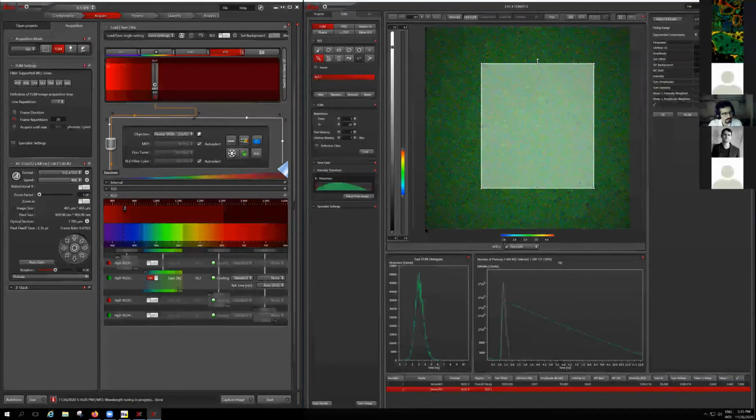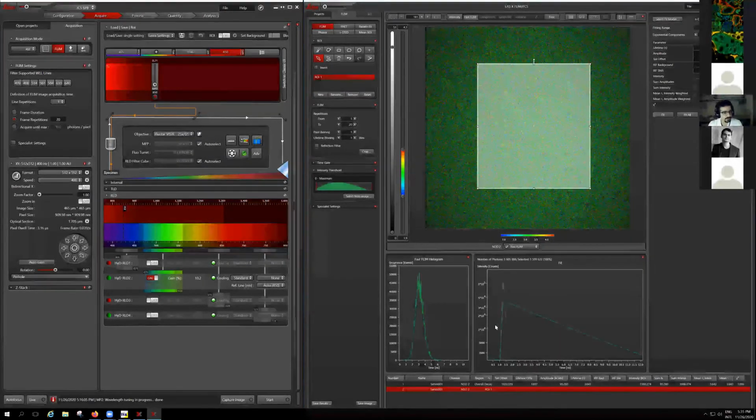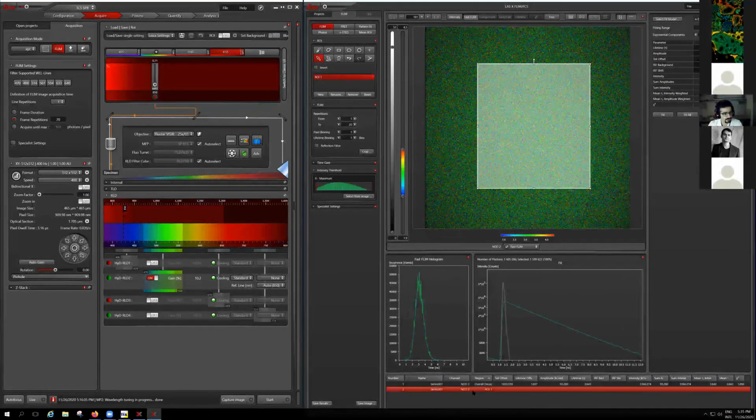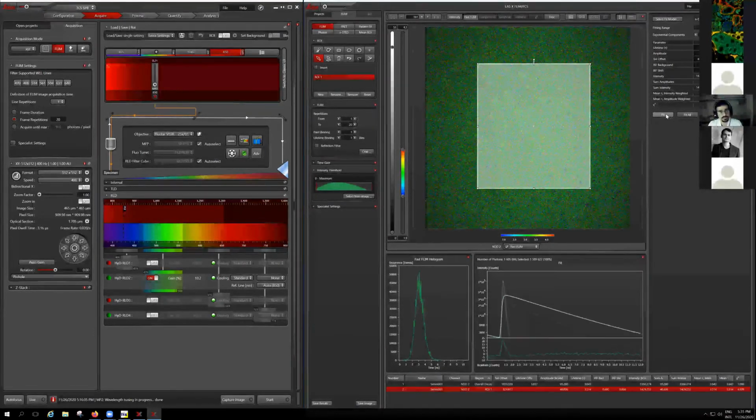We have one column of pixels which seem like 0. So I usually stick to the middle, define a region of interest, and then do the fitting on this region of interest. It's not always a different value, but what we see here is that the decay curve is cleaner, the chi-square is reduced, and that's why when I do the imaging, I try to stay in the middle of the field of view.